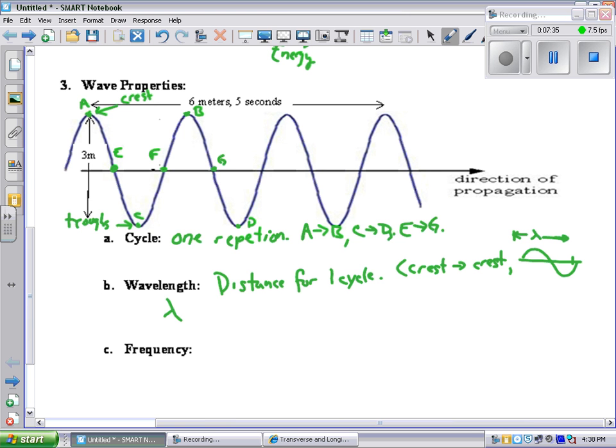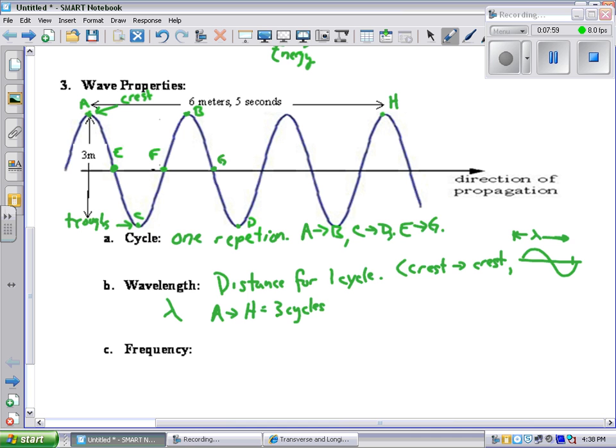Okay, so for our example up above, I'm going to label another point. Let's see, we got up to G, we'll call this H. I have a distance from A to H, from A to H is 3 cycles. Because if I start at A to B is one cycle, B to the next crest is a second cycle, and then from there to H is a third cycle.